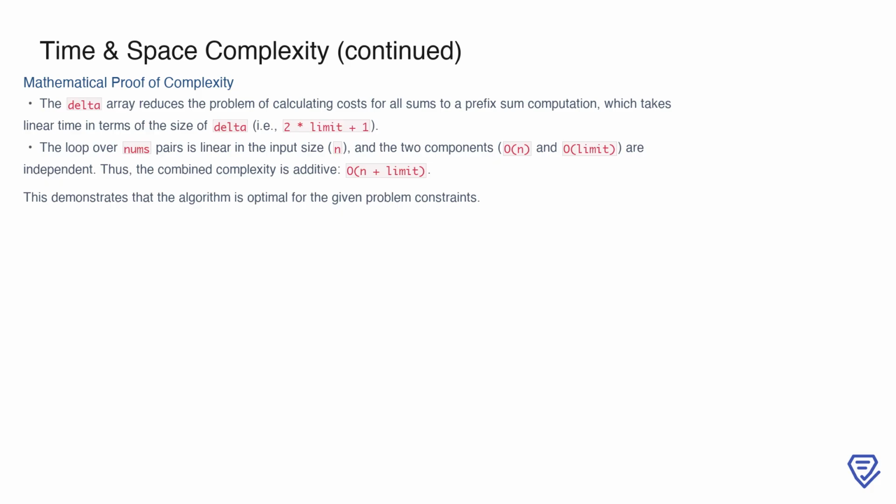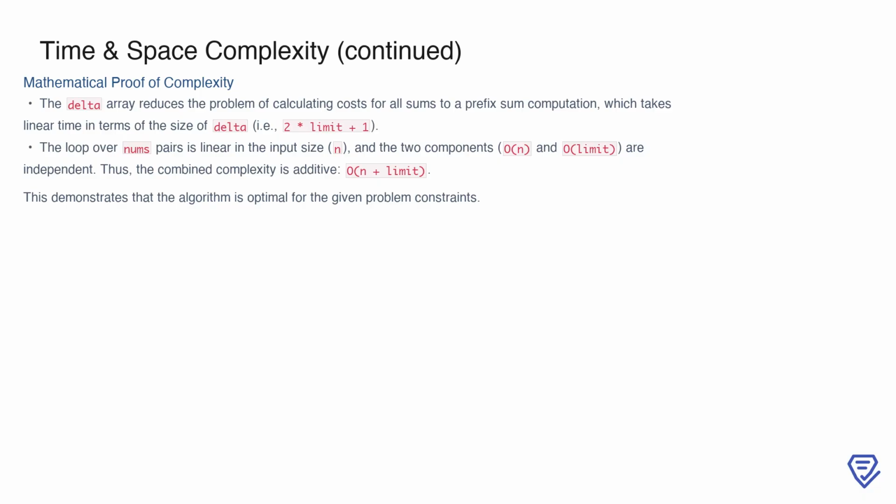By transforming the problem into one of prefix sum computation, the algorithm achieves linear time performance relative to the size of delta, which is 2 * limit + 1. Additionally, the loop over the pairs in nums operates independently of the prefix sum computation and takes linear time in terms of the input size, or n. Since these two components, processing pairs and calculating the prefix sum, are independent, their complexities are additive. This gives us the overall time complexity of O(n + limit).